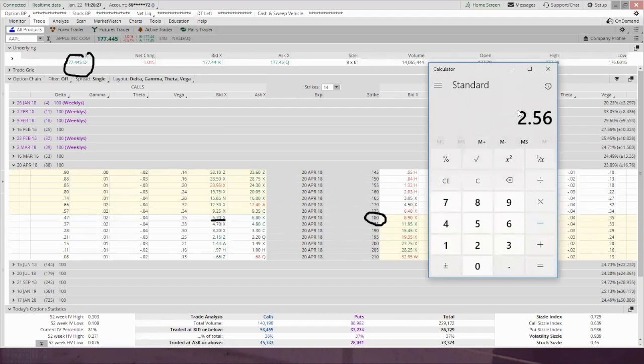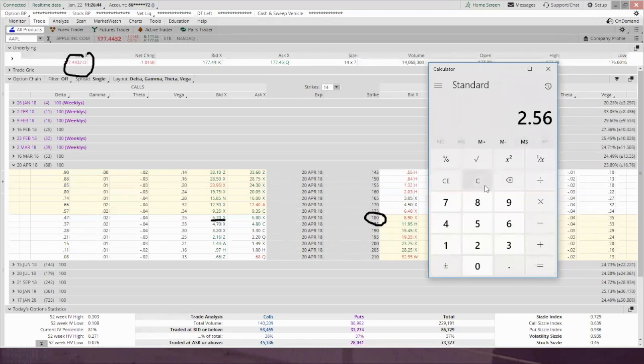That is the intrinsic value. That's just the absolute difference between the current market price and the strike price. That's what it should be if there was no additional expectation, it would just be $2.56.